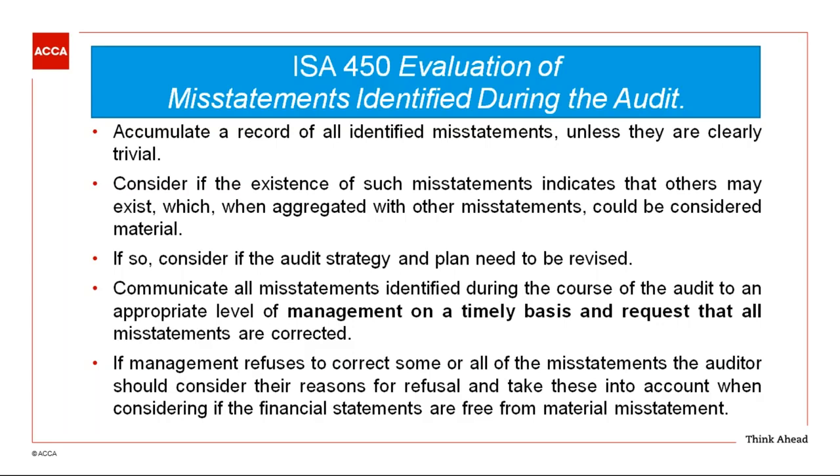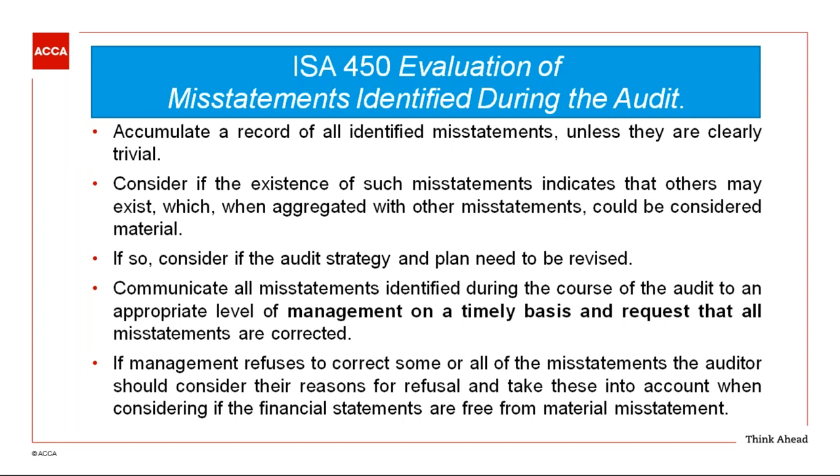First of all, he has to aggregate them. He has to see the management integrity. He has to see whether he has to change his audit sampling or not, whether he has to check some more vouchers from that list of transactions or not. Then he will communicate with the management and ask them to adjust them. But if they do not adjust, the auditor will see the reasons why management is not interested in adjusting that point.